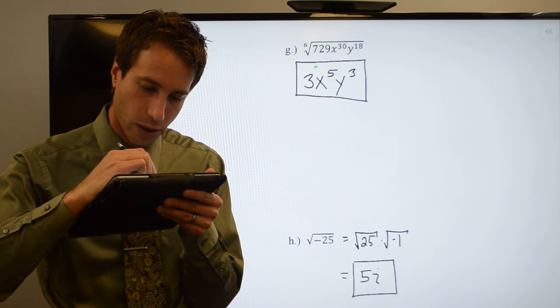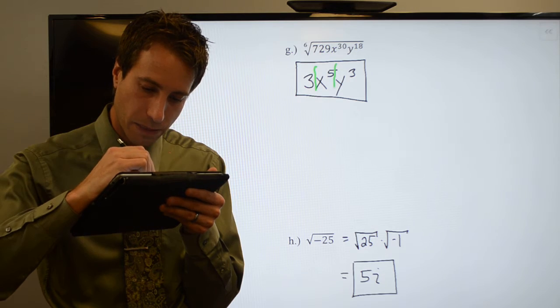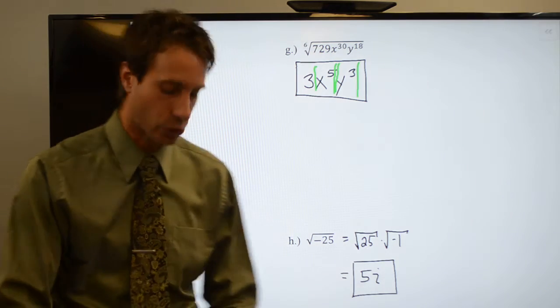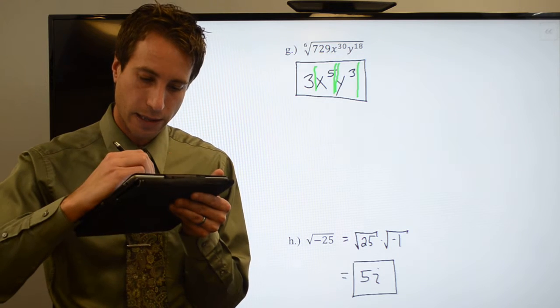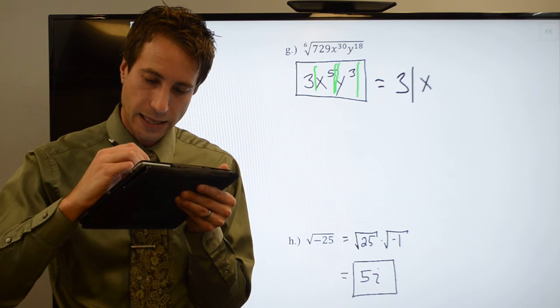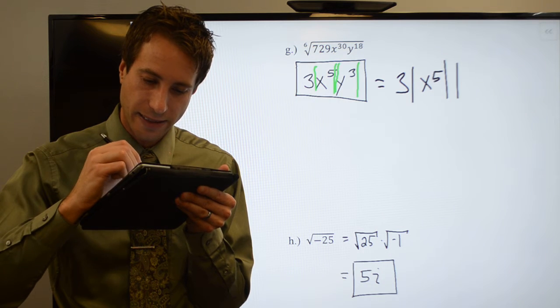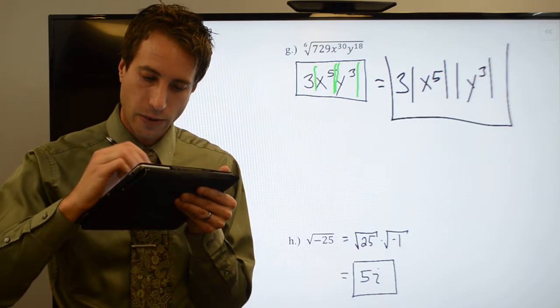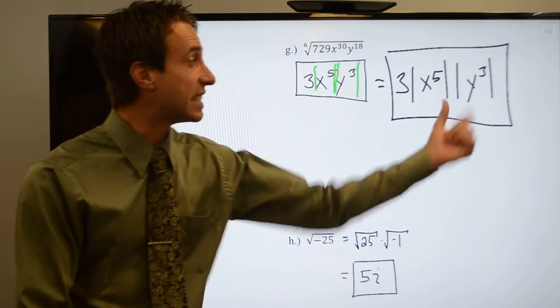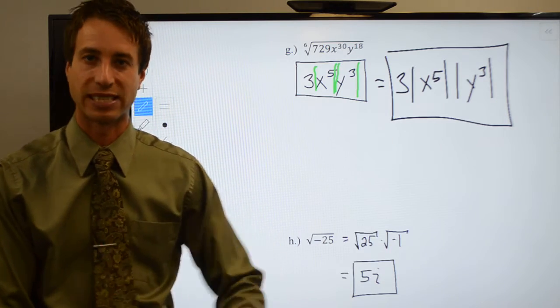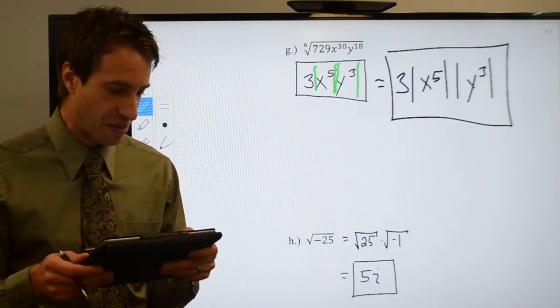Actually, let me just rewrite it. It's going to be 3, x, absolute value of x to the 5th, absolute value of y to the 3rd. I have to put both of those in absolute value symbols because I went from an even power to an odd power when I simplified. Great, we fixed that one.